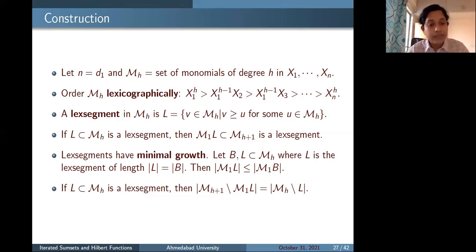There are two more things. The Lex segments have minimal growth.